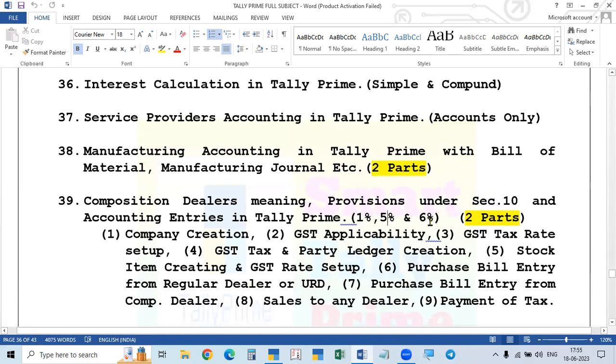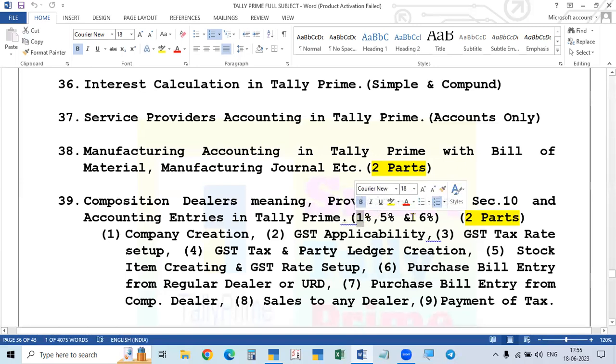Rates are okay, but how these rates are calculated? In the case of traders, they have to pay 1% only on taxable goods. If you sell non-taxable goods, that is nil rated or exempted goods, we need not pay any tax. Only on taxable goods does the trader have to pay 1%.